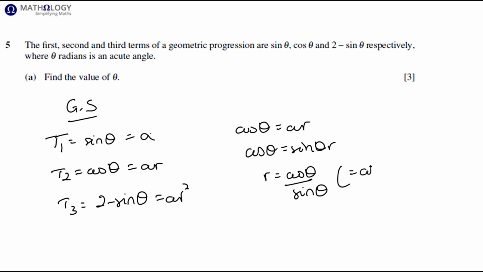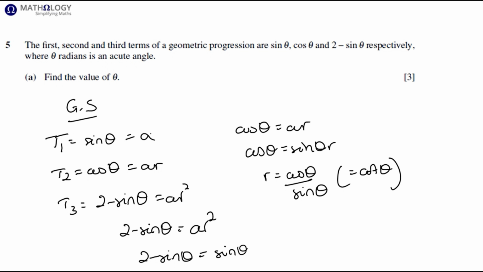If you prefer, you can write that as cot theta. It may not be necessary to express it as cot theta. So R equals cos theta over sine theta. Now the third term is 2 minus sine theta, and that equals AR squared. So 2 minus sine theta equals A, which is sine theta, times R squared, which is cos theta over sine theta, squared.